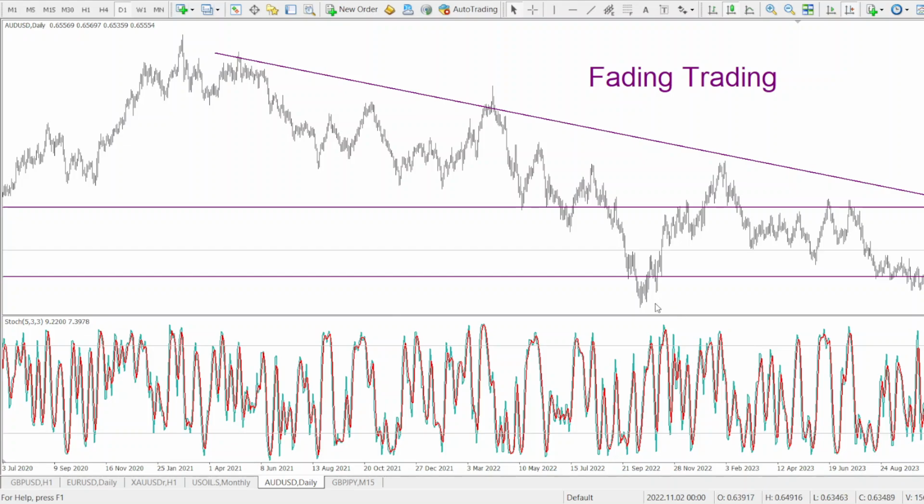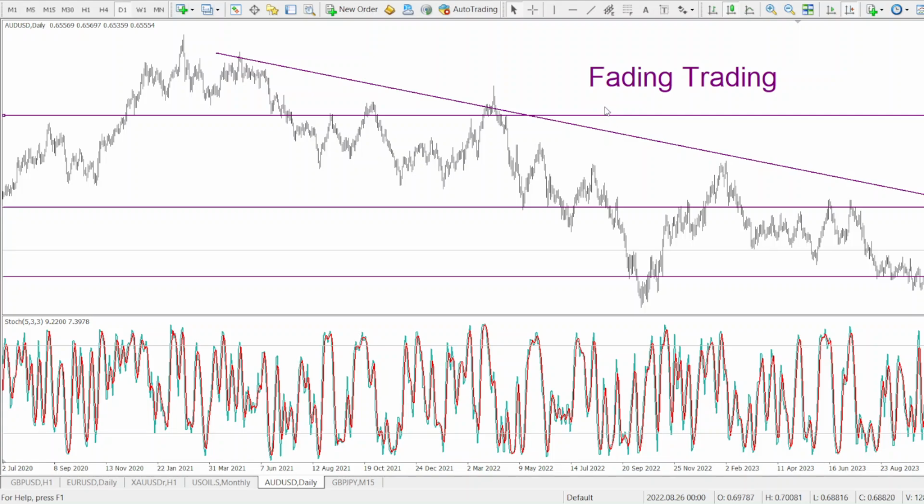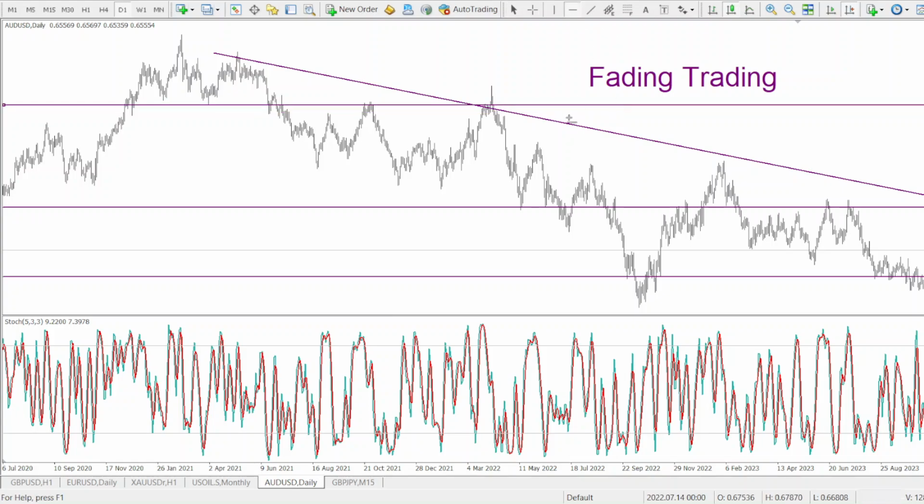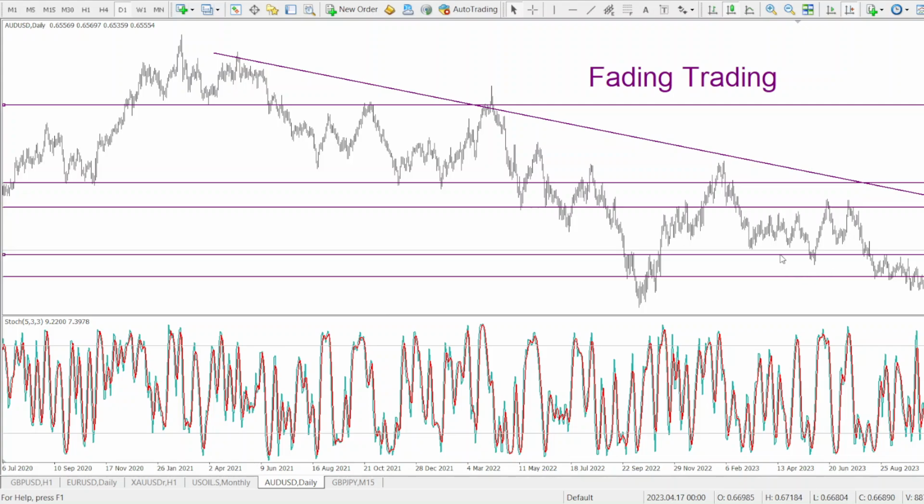One of the most popular fading strategies is to look for key resistance and support levels. In addition to our trend line which we use to identify the overall trend direction, it's important to also establish key support and resistance levels, as those can help us to find possible reversal points, possible entry points and exit points.